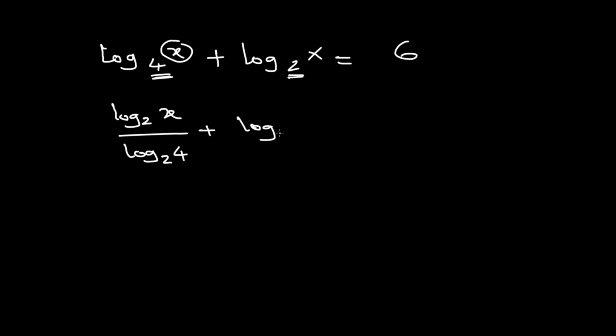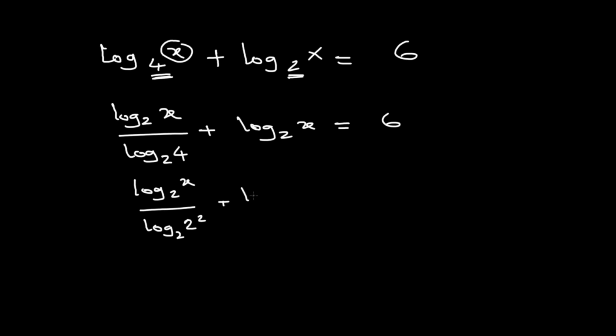Then we maintain this because we are targeting base 2. Now if I look at this, I can create a power here, so I can do this. Okay, log 2 x. Then here I can do log 2, then 2 power 2.